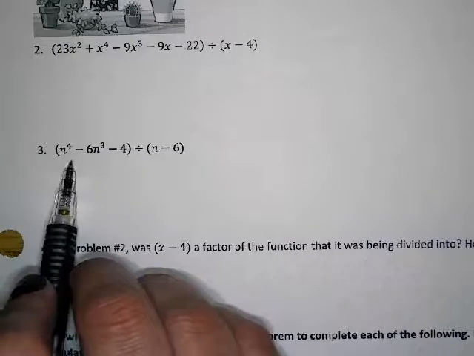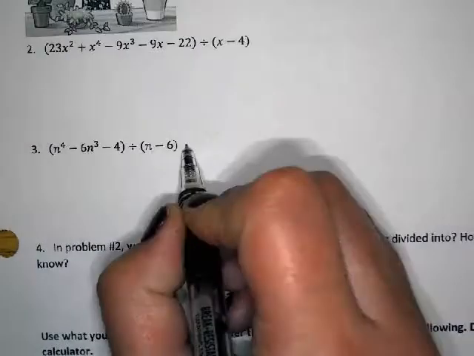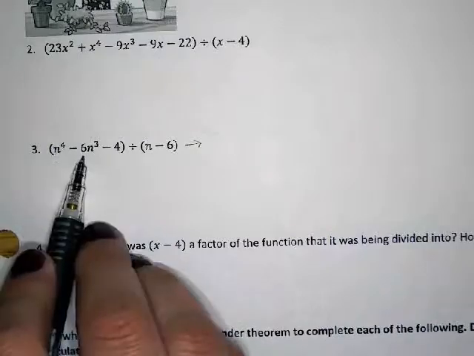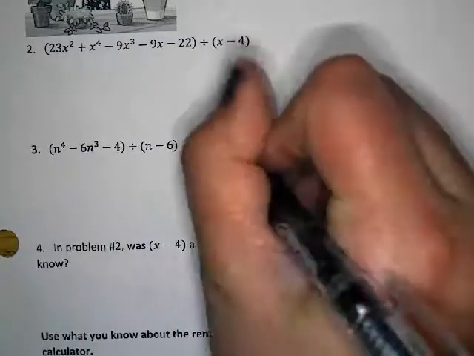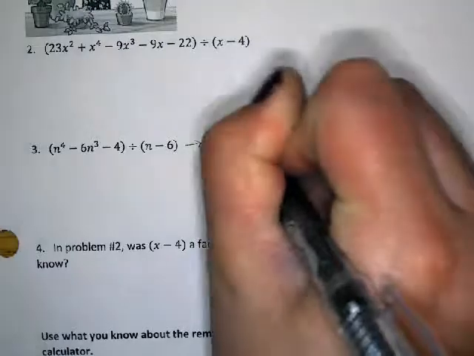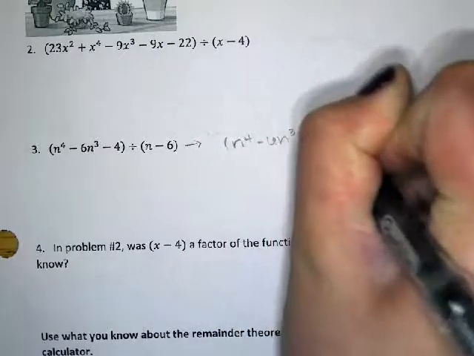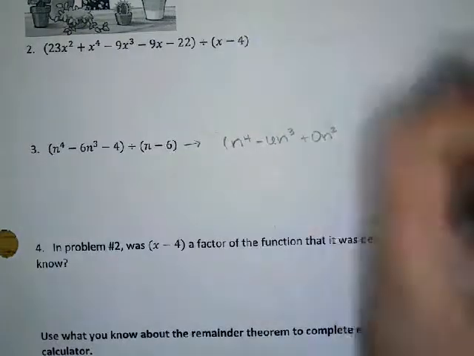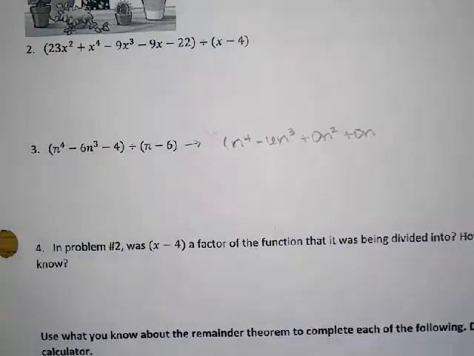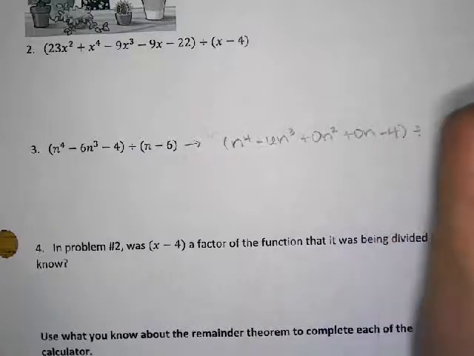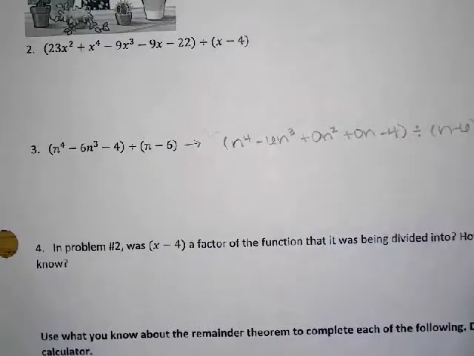So n to the 4th minus 6n to the 3rd plus 0n squared plus 0n, and then we can do minus 4. Okay, so I had to rewrite the problem for number 3 before I got started.